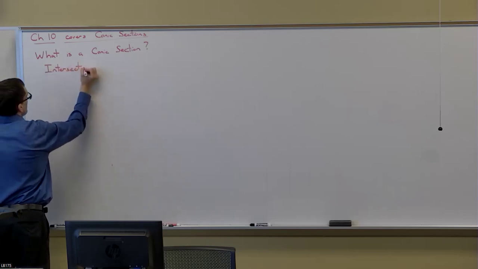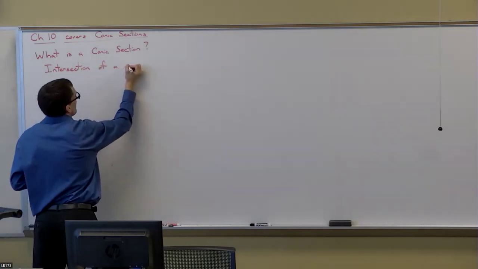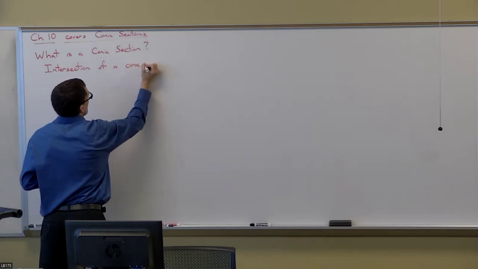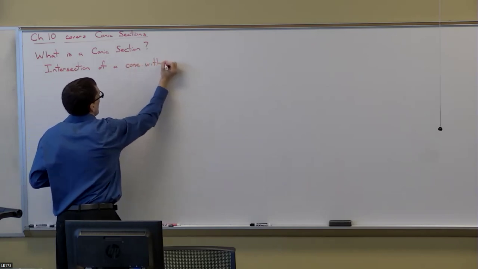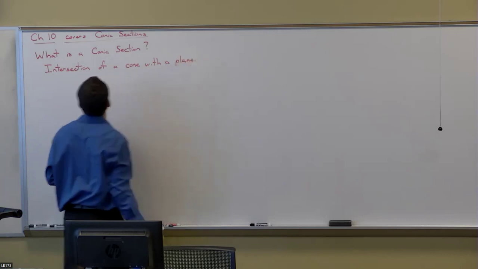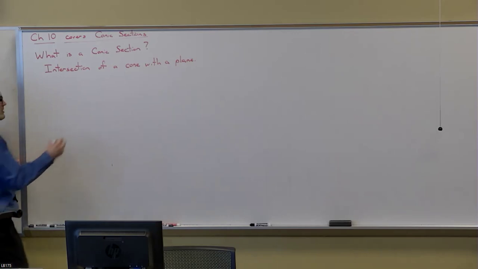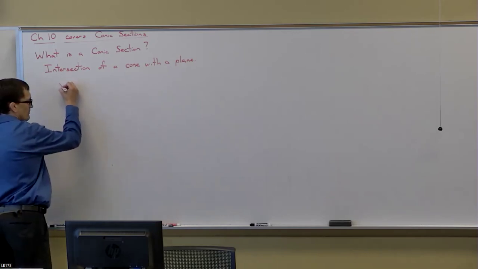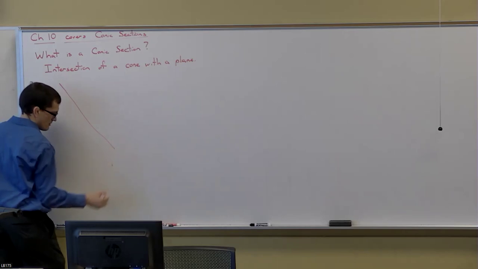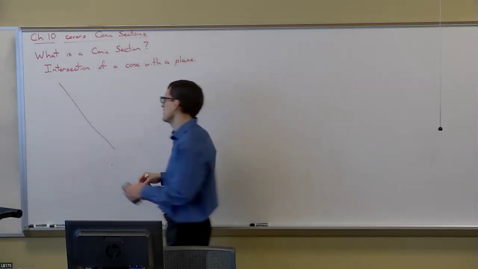When we take the intersection of a cone with a plane. Now, when I say cone, I don't mean obviously an ice cream cone, but that's what you should probably think of, a waffle cone.